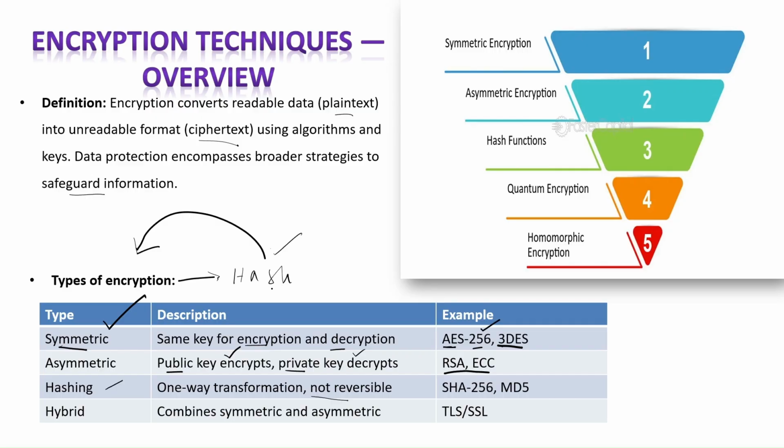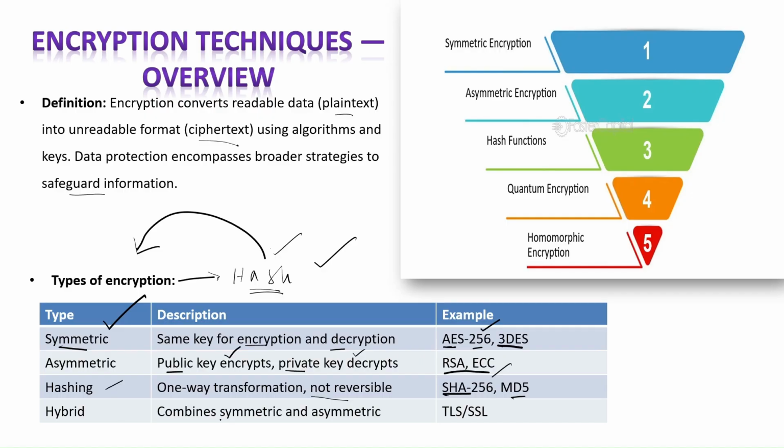So if both of these hashes are the same, it means the data was not tampered or corrupted during transmission and data integrity is intact. So hashing is used for data integrity. Some common examples of hashing algorithms are SHA-256 and MD5.